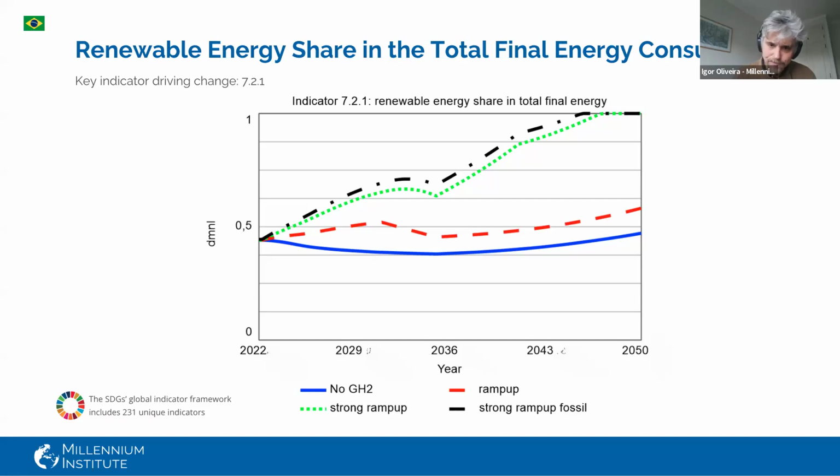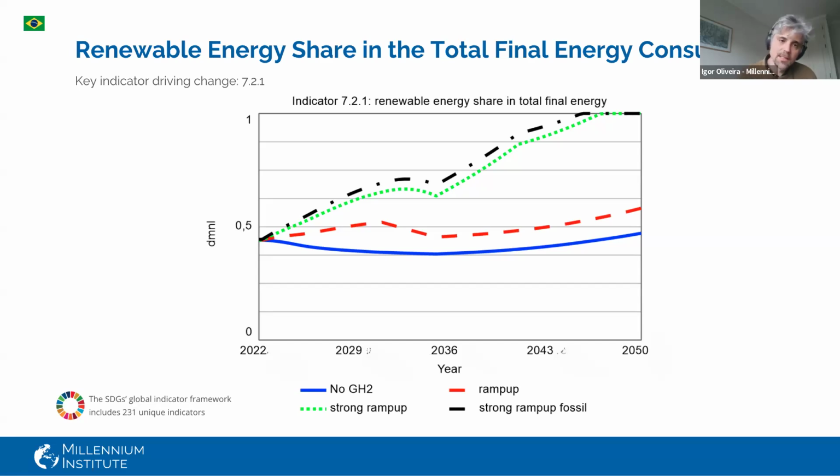So here you can see very clearly the contribution of green hydrogen, right? The blue line is a base case without any green hydrogen. The red line is the one that contains the investments that are already announced in the country in terms of new green hydrogen capacity.